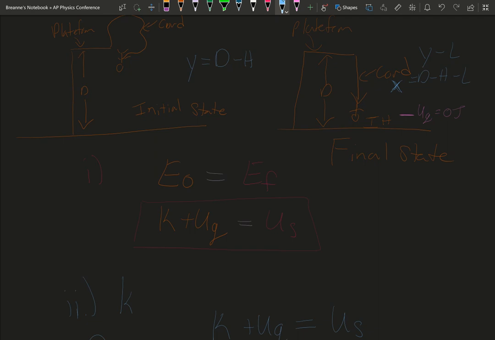To know how much it stretched, you have to compare how much the person fell compared to the original length of the cord. Because if you think of it, your cord length is like this, if it's just hanging there.